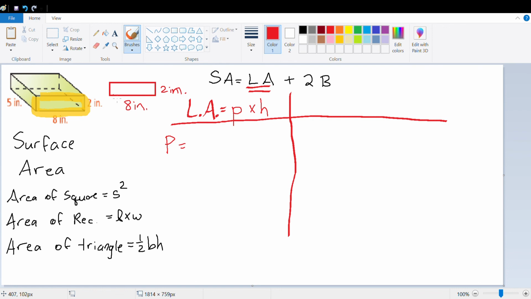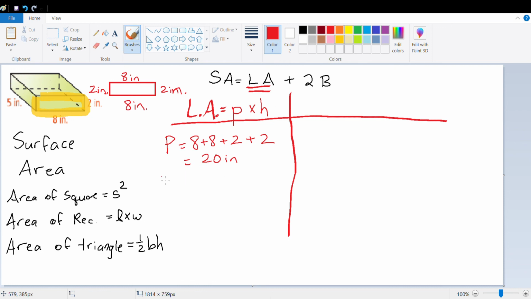So if this long side is 8 inches, the opposite long side will also be 8 inches. If this is 2 inches, the opposite side will also be 2 inches. So for that perimeter, I just need to add up all of those lengths. If I add all of them up, this will be 16 plus 4, that will be 20. 20 inches for my perimeter.